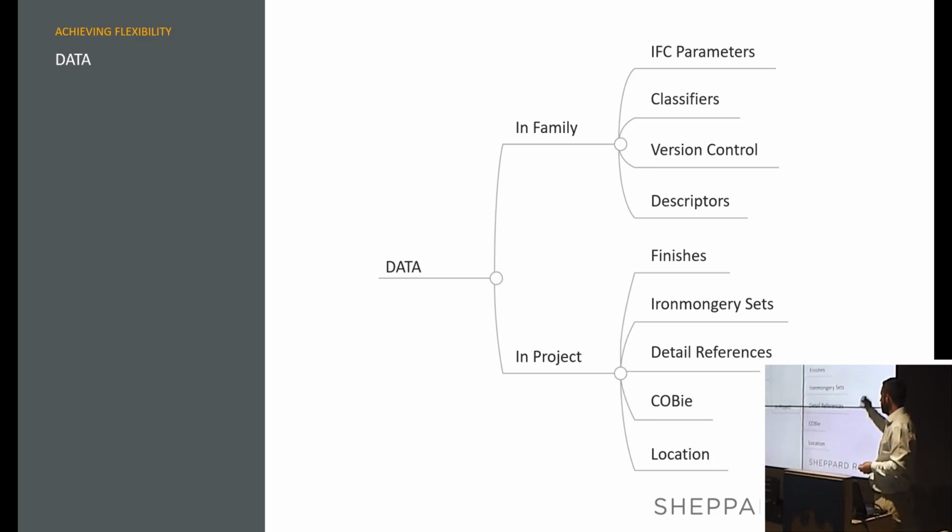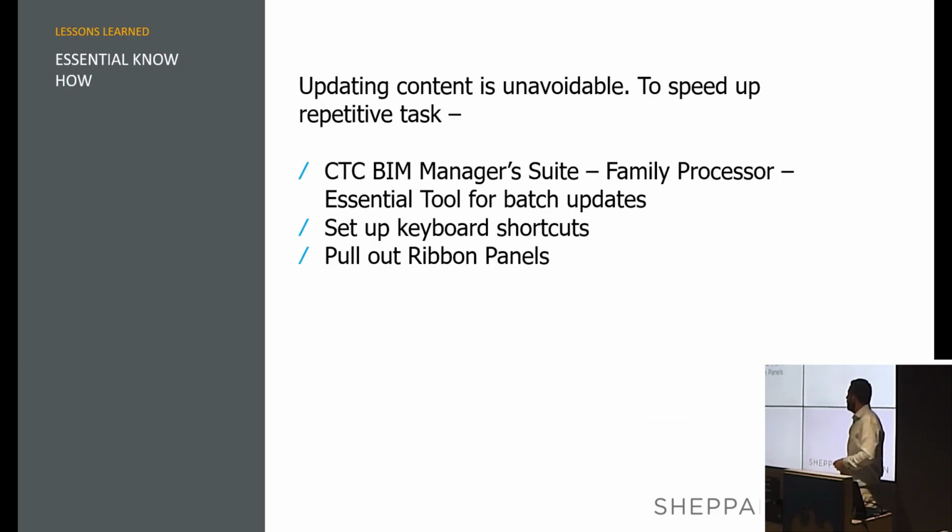So all that information sits inside the project, and in all instances, this stuff just sits inside as a project shared parameter, and then is added into our schedules there.